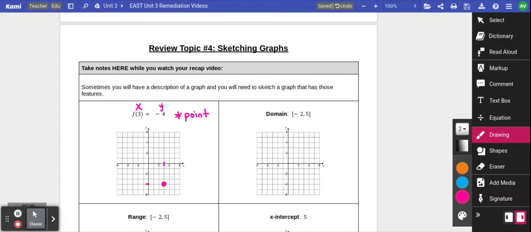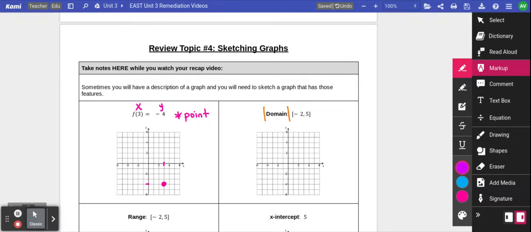A second piece of information you might be given is the domain. When you're given the domain, don't forget that that's like the walls of the building. So on my graph, in order to make sure that my domain is from -2 to 5, I can help myself by drawing a wall at -2 and drawing a wall at +5.